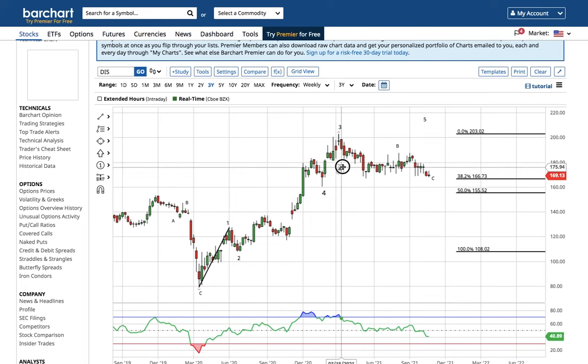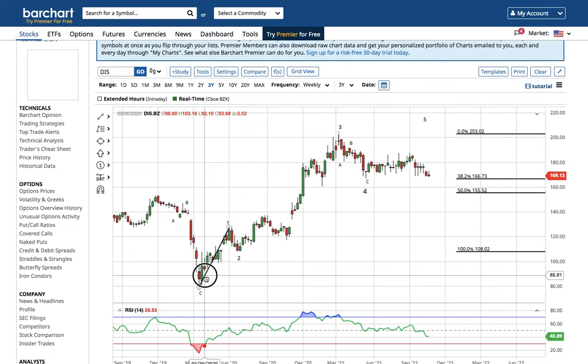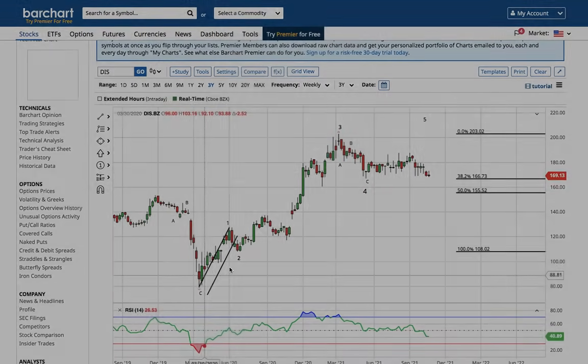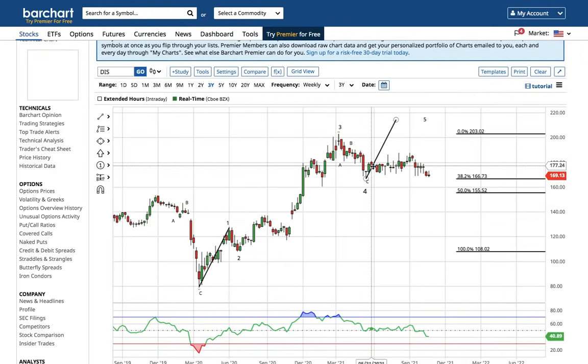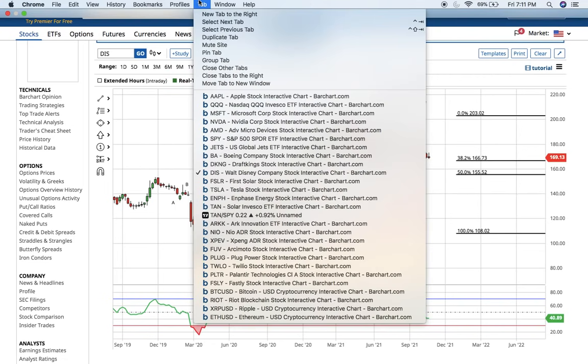So I think that's an ABC correction. We ended wave 4. We'll get a reversal from Disney with the airlines, with the Jets ETF, and go on a wave 5 that's at least the length of wave 1, placed at the wave 4 low. And in the next couple of months, possibly by the end of the year, we'll see Disney at least 216. So that's Disney. If it's above 155, I select the idea of a wave 5 to 216.